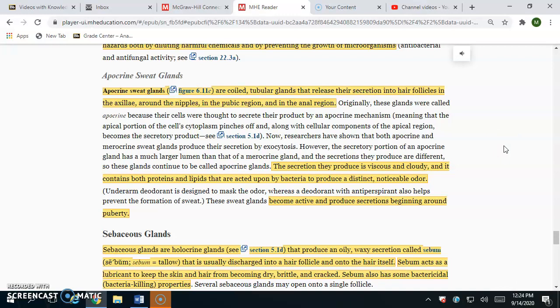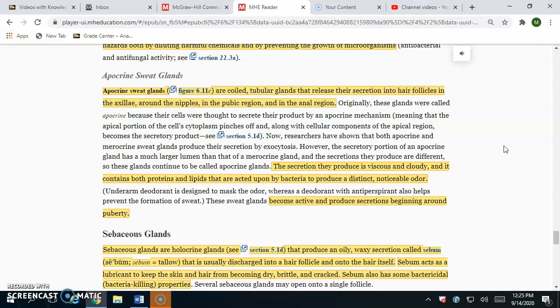So think your armpits, which we call axilla, around the nipples, and then in the pubic region and in the anal region. So those are where you can find these type of sweat glands, and they, remember, release their secretions primarily into a hair follicle, and then that sweat will travel along the hair follicle to come out on the surface of the skin.